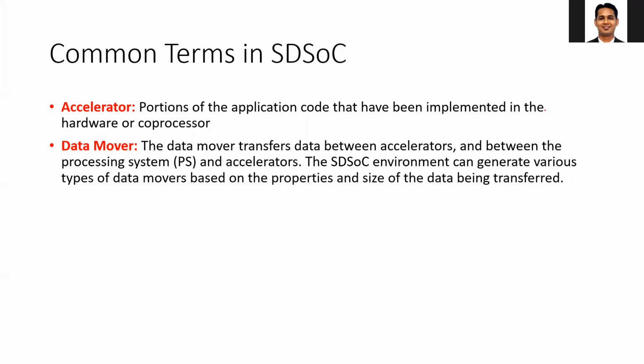You can have various types of DMA in the SoC architecture. When we study the Zynq SoC architecture, we'll see what kind of DMAs are available depending upon your application, whether it's a video application, audio application or image application. Depending upon that, you can have different types of DMA, and they will help you to transfer the data between the two units, where the data can be contiguous or non-contiguous.